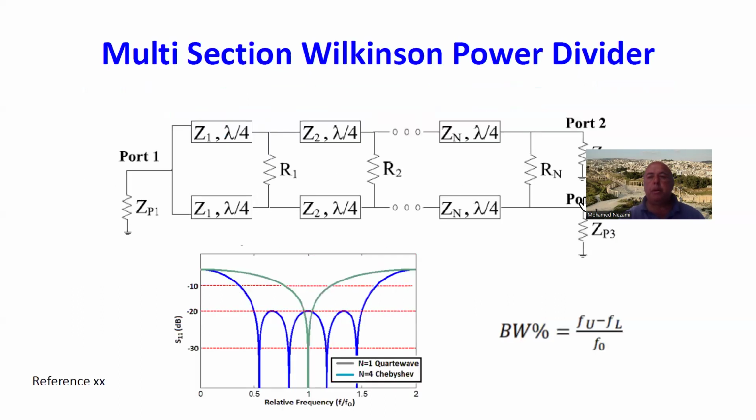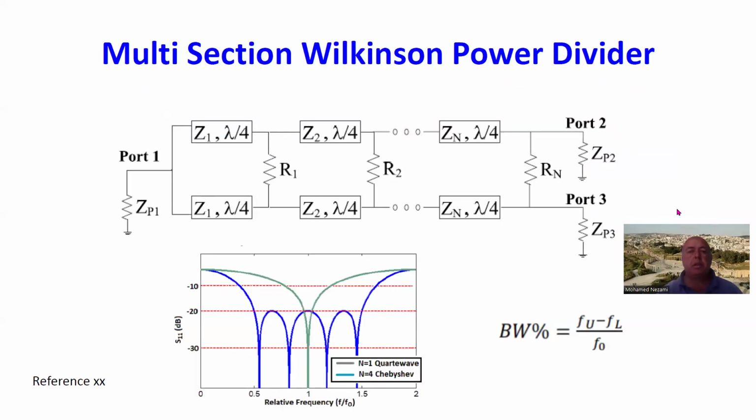So let's talk about the multi-section Wilkinson power dividers. As you may have seen, we are all familiar with a single-section power divider, and that usually, in a 50 ohm system, is just two quarter-wavelength lines of 70.7 ohm impedance for 50 ohm input and output.